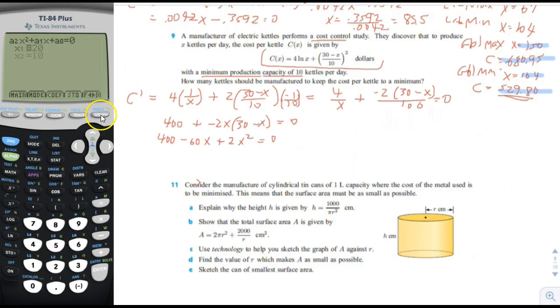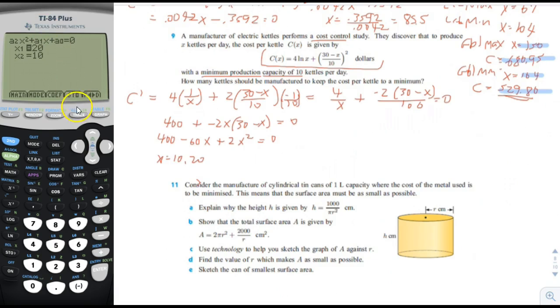And then we're going to solve, and we'll get two roots, 20 and 10. Okay. And so now we're interested in seeing which one of these roots is a minimum.